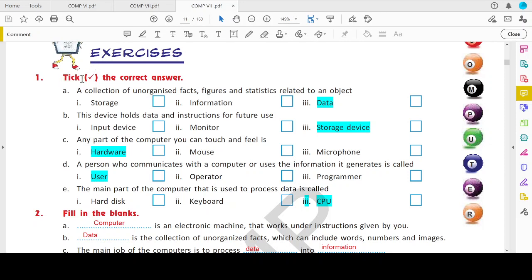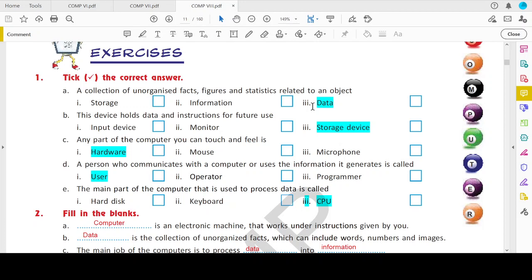Firstly, tick the correct answer. A collection of unorganized facts, figures, and statistics related to an object is storage, information, or data. It is data. A collection of unorganized facts and figures, we have known that is data. When facts and figures are unorganized, it is data.